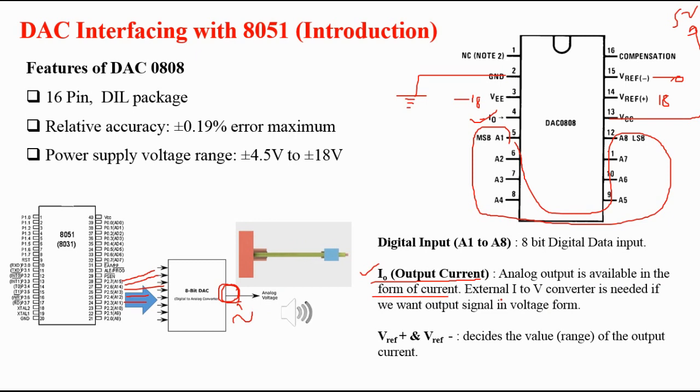Whatever output we obtain at this pin will be analog in nature, but it is not voltage; the signal at this pin is current. So we will require an external I to V converter, that is a current to voltage converter, to convert that current waveform into its voltage equivalent, and with the help of voltage we can connect it to the speaker.